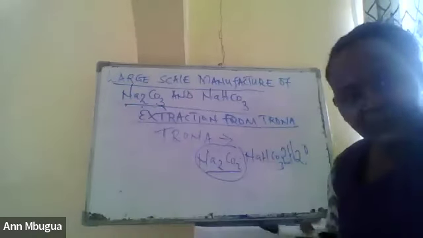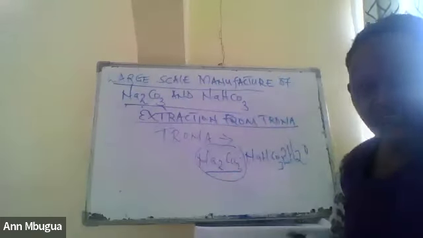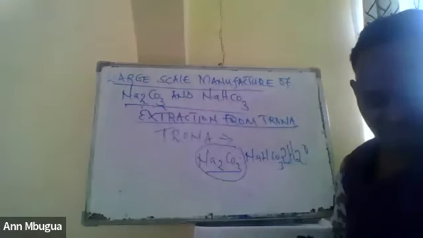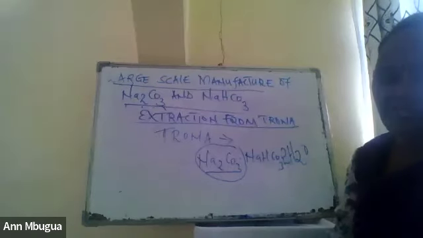So where is this trona found? This trona is found in salty lakes, most of them in the Rift Valley regions, for example, Lake Magadi.